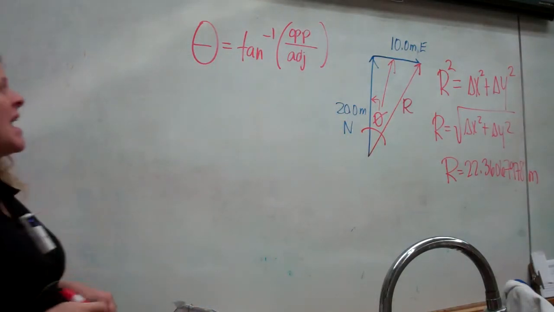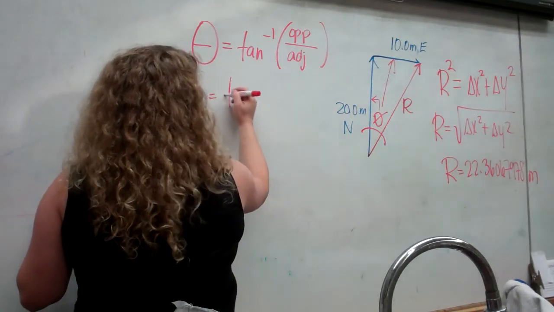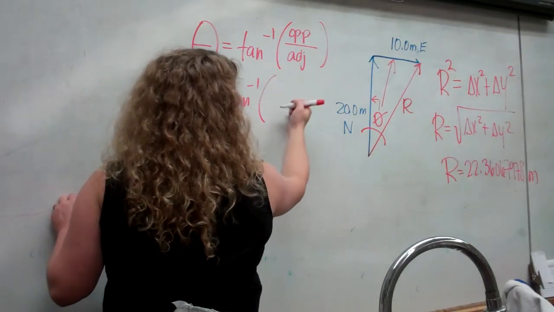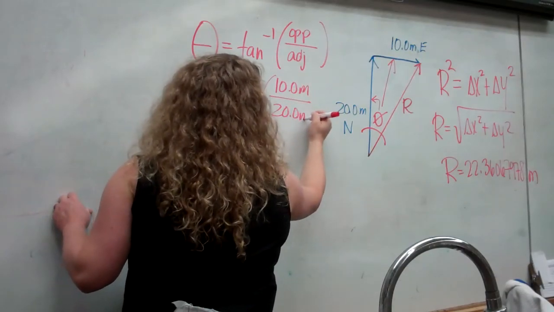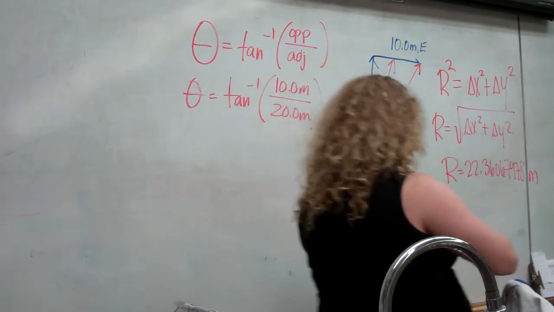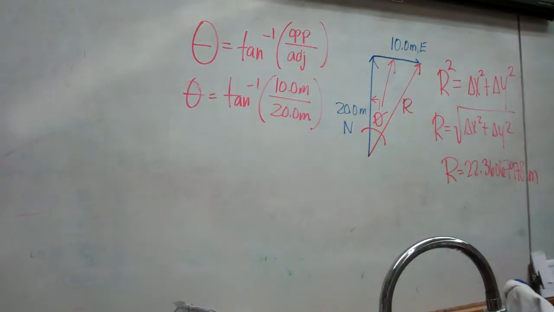In this case, that means that theta equals tan minus 1 of 10 meters over 20 meters. If you're using TI-30XS's, second function button, tangent button, and then it'll put up a parenthesis for you, enter 10 divided by 20, close parentheses, hit equals. What's your angle?